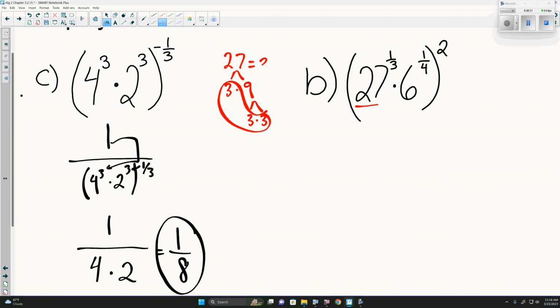So 27 is the same as 3 to the third. Now, guys, this is important because we have 3 to the third to the 1/3.